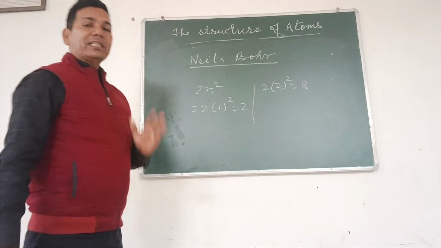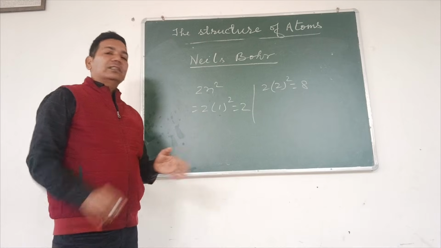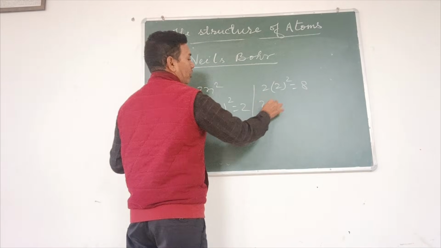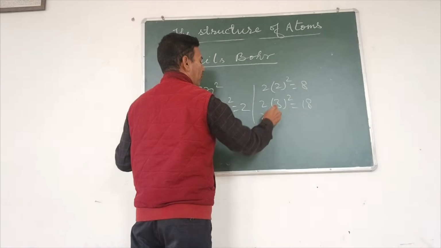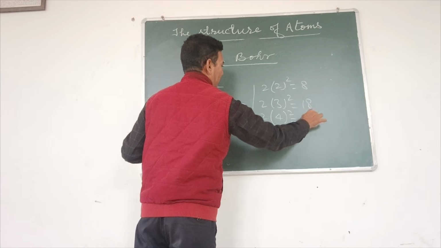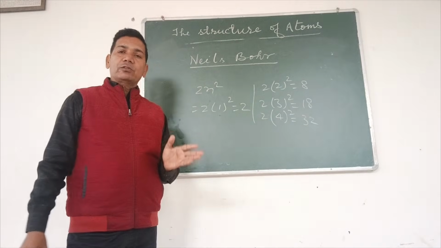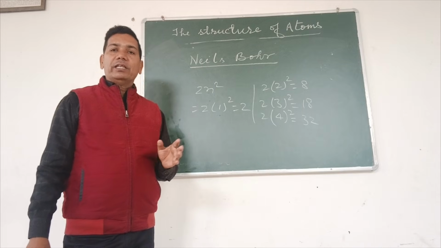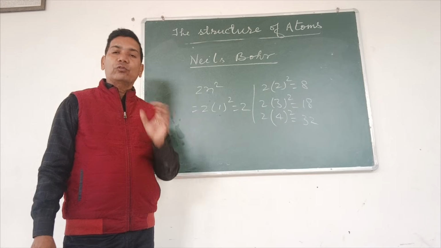It means the maximum number of electrons in the second orbit is 8. Similarly, in the third orbit, the maximum number of electrons is 18. In the fourth orbit, the maximum number of electrons is 32, and so on. The first orbit was also called the K shell, the second orbit the L shell, the third orbit the M shell, and so on.